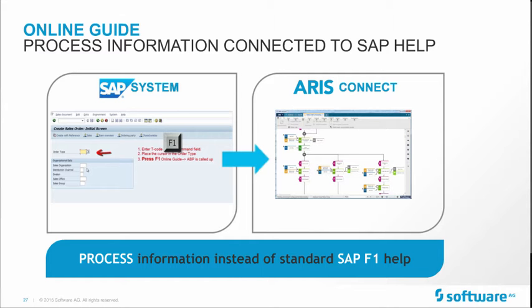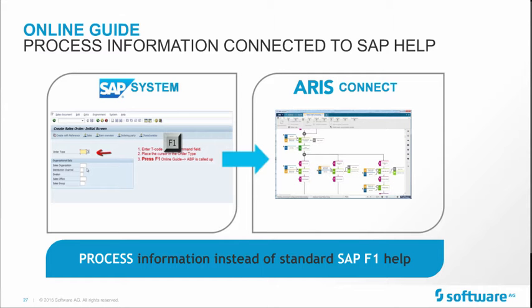And there we've got a solution supporting you with the F1 help from the SAP system. Normally, if you know that, it leads you to some technical SAP information, and we've done something so that you can connect there directly to the ARIS processes.